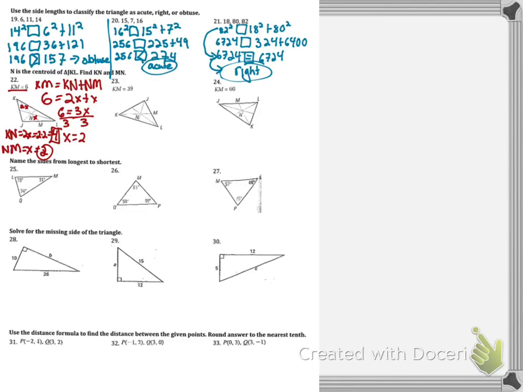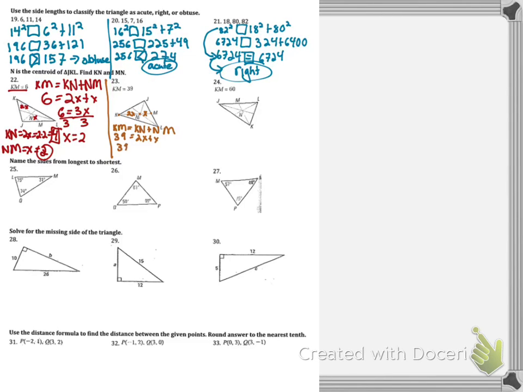The next problem is a similar setup. We see once again we have the total value of KM. KM equals the sum of its parts, KN plus NM. Once again, we know the part from the vertex to the centroid is going to be 2x, and the part from the centroid to the side that it is bisecting is x. We know the total length of KM is 39, which is 2x plus x.